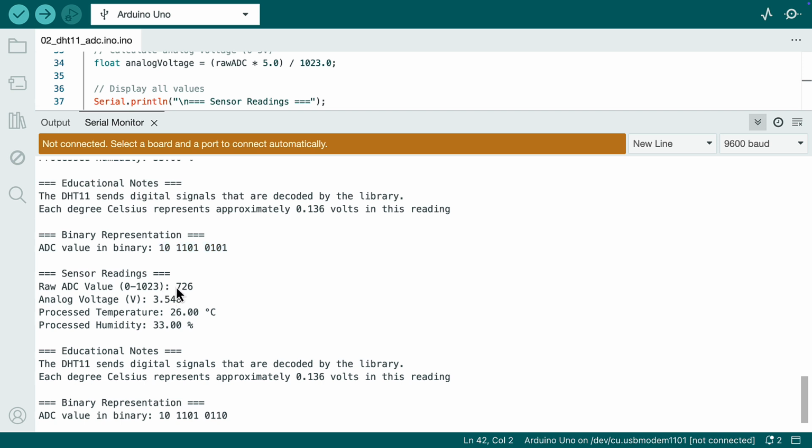So this represents a value of 726, which is a value between 0 and 1023, and this corresponds to a voltage of 3.5. The 5 corresponds to 1023, and based on this equation, 5 volt divided by 1023, the scale of the resolution, this will represent 3.548. And these two correspond to a temperature of 26, and the humidity is 33.